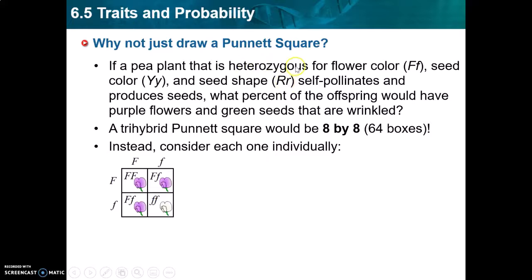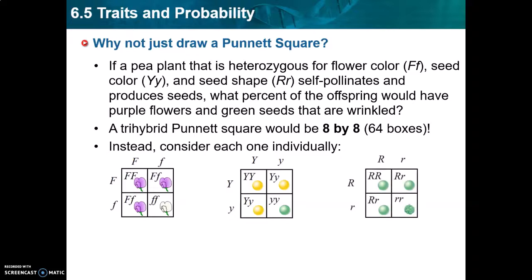If we are self-pollinating this pea plant and it's heterozygous, that's 2 heterozygous parents, capital F, lowercase f. We can easily make a Punnett square for that, and it looks like this that you see right here. Our second gene for seed color, we can also make a Punnett square for that. And then finally, our seed shape, we can make a Punnett square for that.